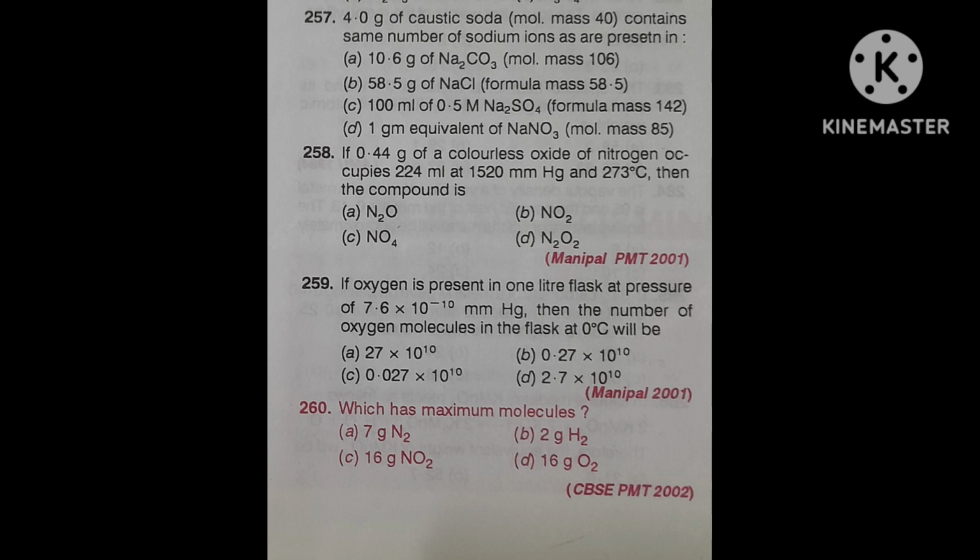In one molecule of Na2CO3, two sodium ions are there. Correct? It means here it is 0.2 mole sodium ion.